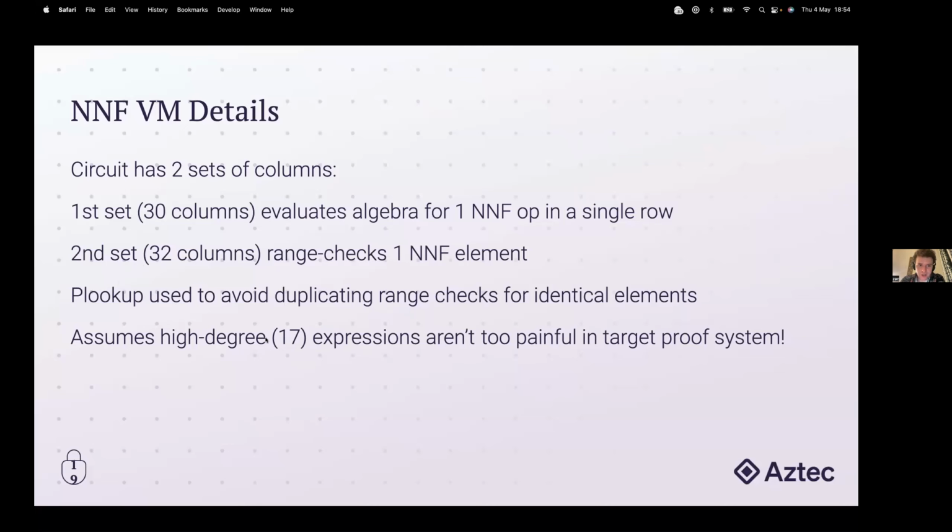I'm assuming these column numbers assume that you can do degree 17 polynomial expressions in your main PLonK polynomial identity, which if you're using UltraPLonK or a PLonKish style system that doesn't use sum checks is insane because you need crazy FFTs. But the hope is that if you're using sum check protocols, because you don't do FFTs, it actually might be tolerable to have high degree expressions. But if that's not possible, then it just means you need a few more columns. So it's not the end of the world.